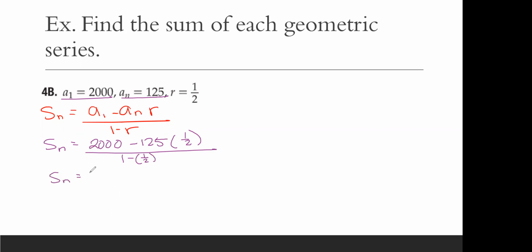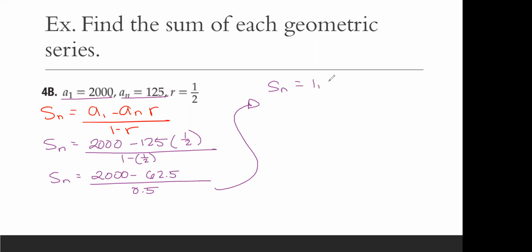So I have S sub n is equal to 2,000 minus 125 times 1/2, which is 62.5, and then 1 minus 1/2 is 1/2. So then I would continue this over here. 2,000 minus 62.5 is 1,937.5 divided by 1/2.